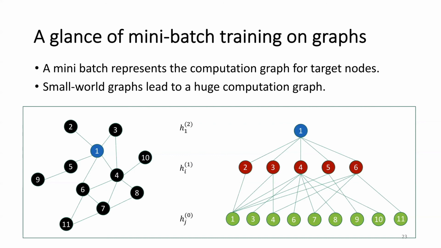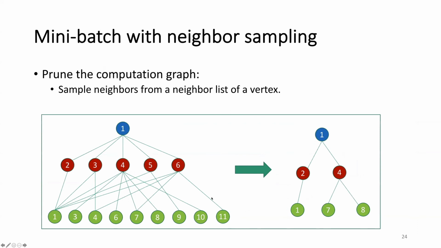So in order to deal with that, most mini batch based training algorithms for GNNs, in addition to creating a mini batch by focusing on a small number of target nodes, also employ various neighbor sampling approaches to reduce the size of the ego networks.